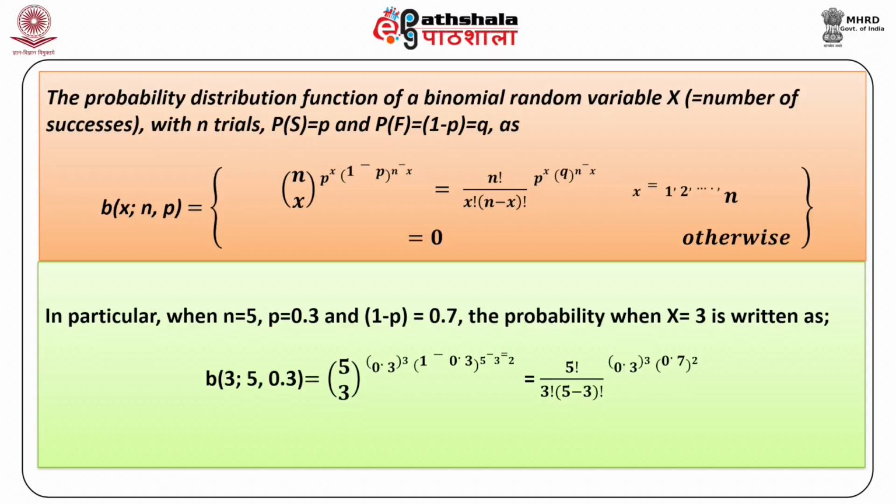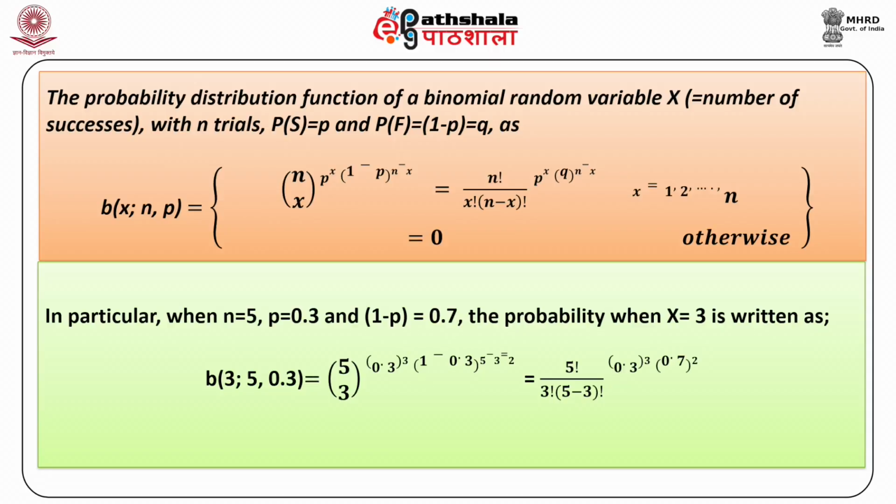And again I can elaborate and say that this is equal to n factorial upon x factorial into n minus x factorial into p raised to power x into q raised to power n minus x. This is when we have x successes, or x is equal to 1 to n. However, this will be equal to 0 otherwise. Otherwise means when x does not take any of these values from 1 to n.